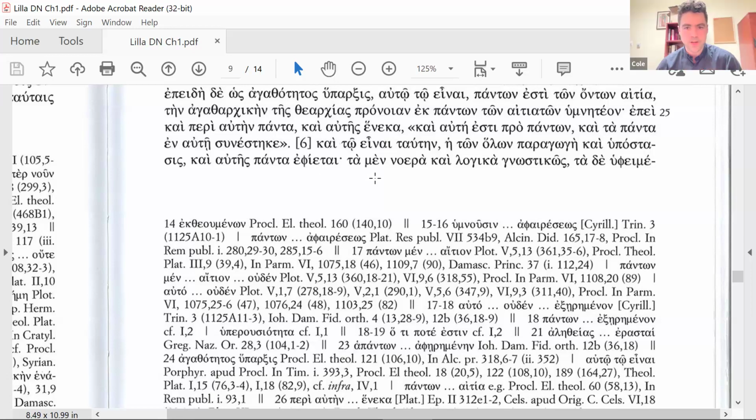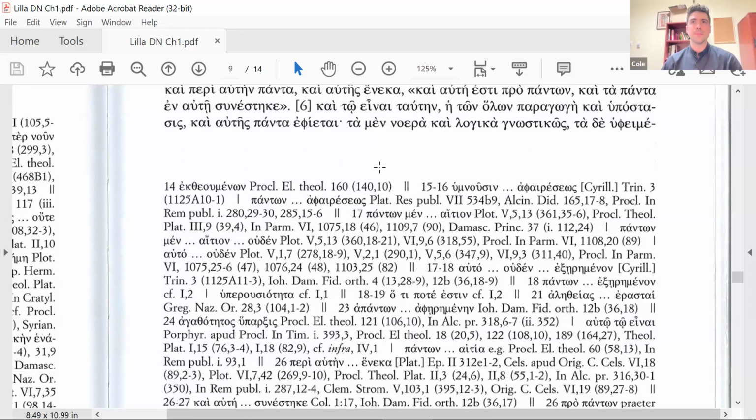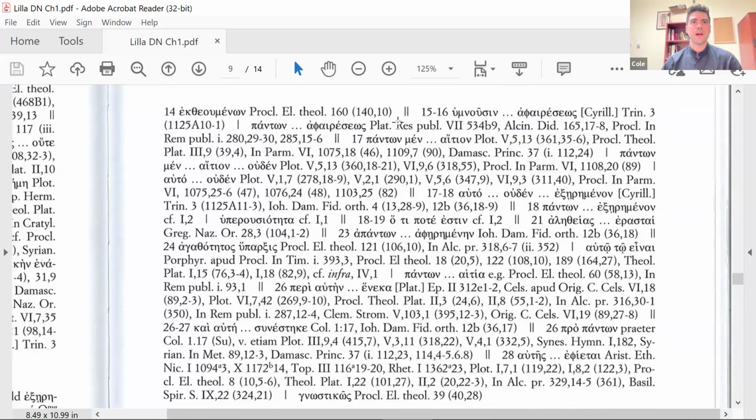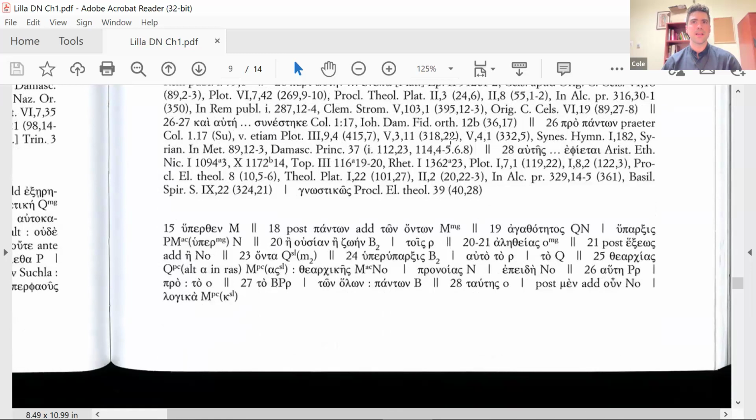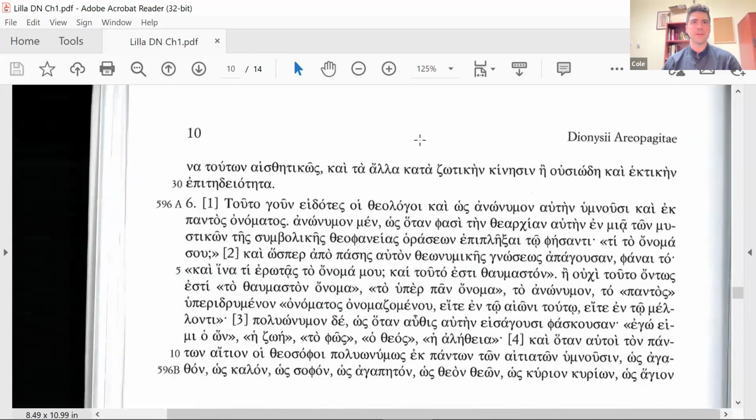So the intellectual and logical ones by way of knowing, and the ones having been lowered down of them in a sensible way, and others according to the movement of life, or according to life movement, whatever that means exactly.